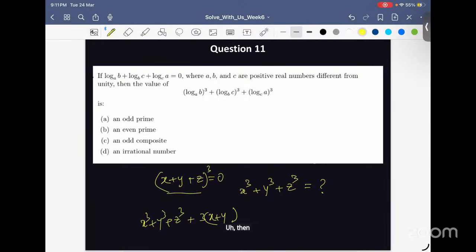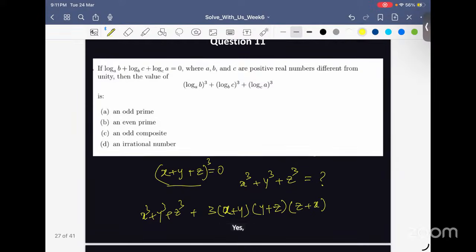Into, that should be multiplied. Plus 3 into x plus y, into y plus z, into z plus x, that's it.